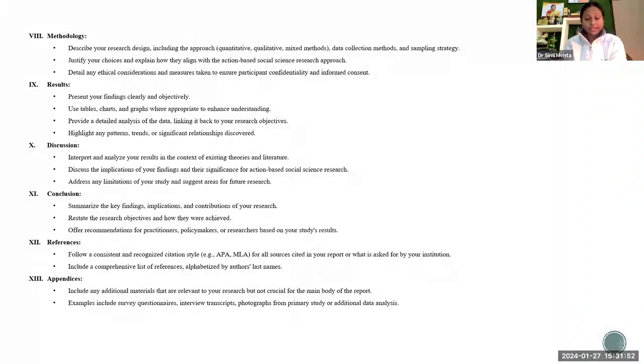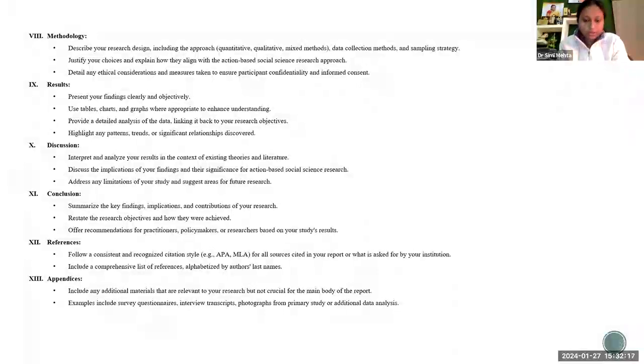Next is the references. While these come at the end, they are very important. You need to follow a consistent and recognized citation style based on the journal's requirement, for all the sources you have studied and cited in your report, or whatever has been asked by your institution. These have to be alphabetized by the author's last names.